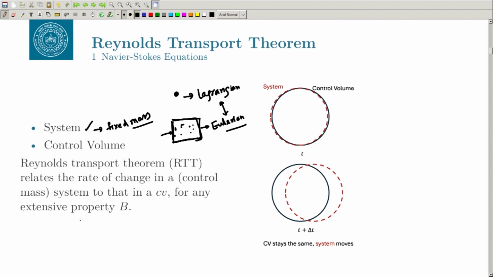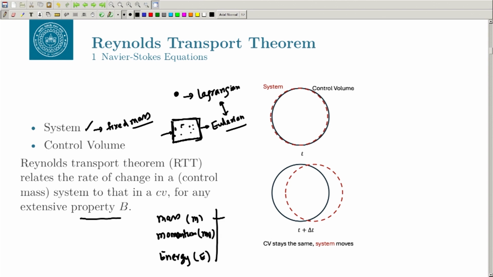So, extensive properties are something which are dependent on mass. Okay. It can be mass itself, or you can have momentum, angular momentum, linear momentum, you can have energy. So, if I write it, m, this is mv and this I can call E. And then there will be a corresponding intensive property to that, which will be per unit mass.